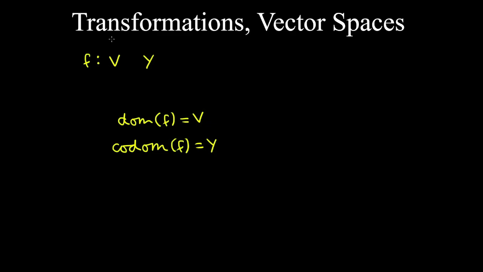So if we have vector spaces V and Y, and f is a function with a domain V and codomain of Y, then f is a transformation from V to Y, or f maps V to Y. And if the two vector spaces are identical, then f is also an operator on the vector space V.